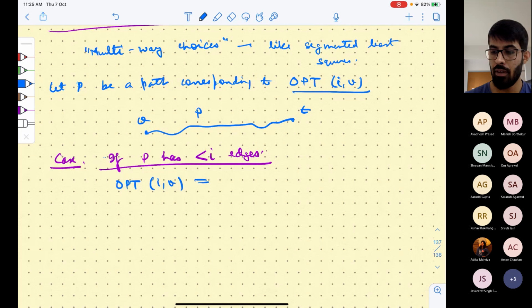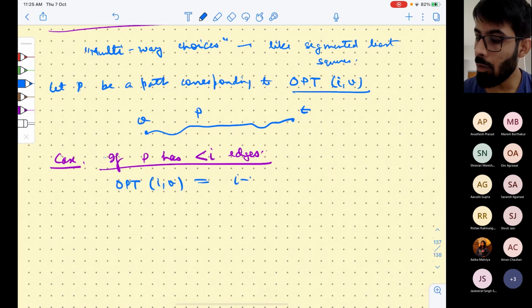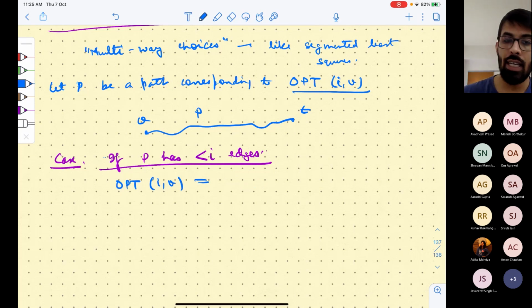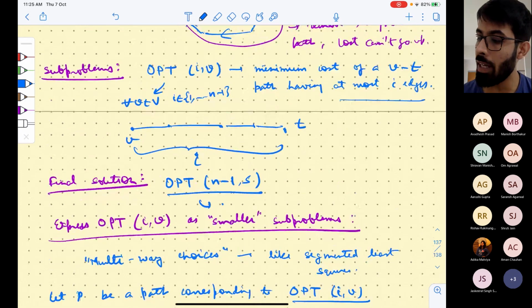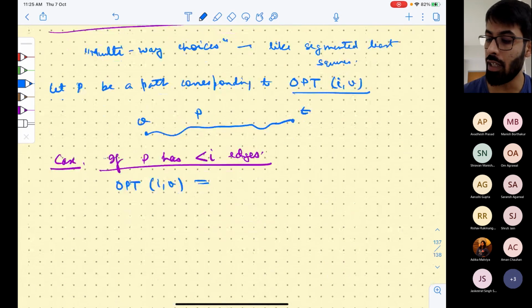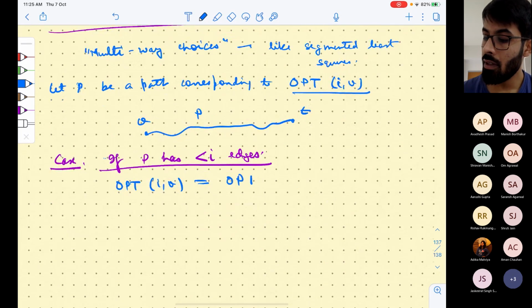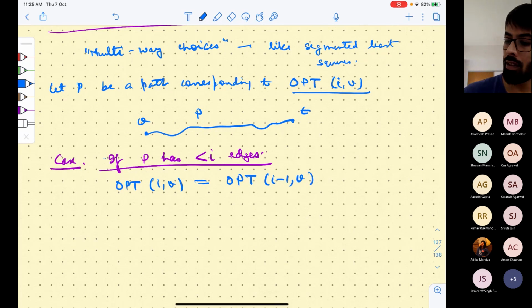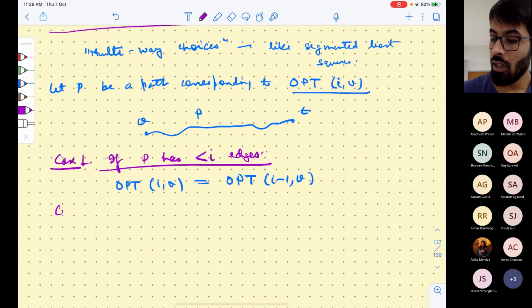Opt of i minus 1 comma v. Why? Because the path P now has less than i edges, so it has at most i minus 1 edges, and opt of i minus 1 comma v records the minimum cost of a VT path of length at most i minus 1. So that is already stored. Okay, that is good. So this is case 1.